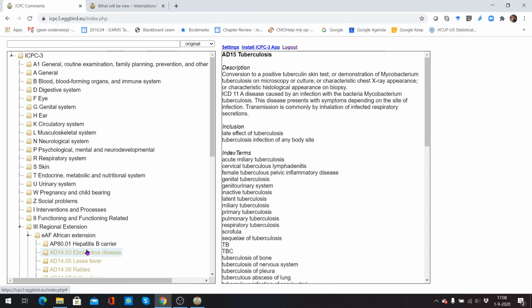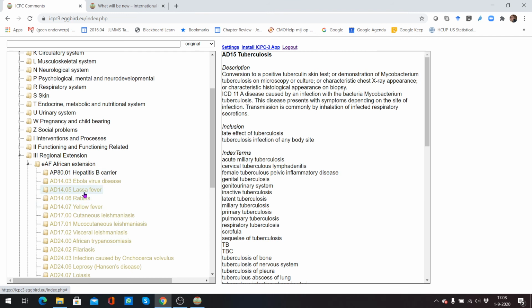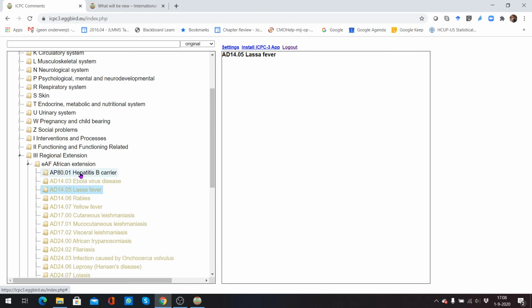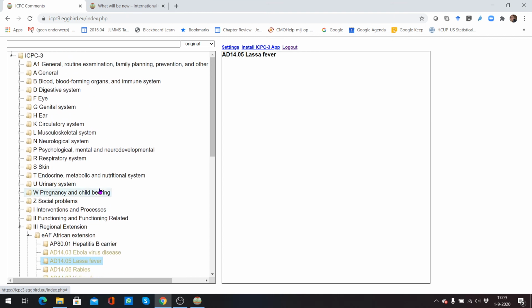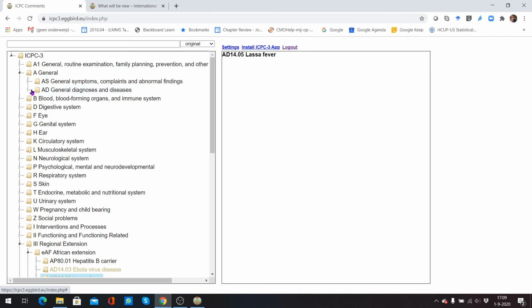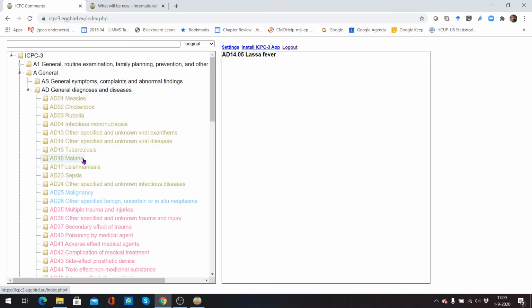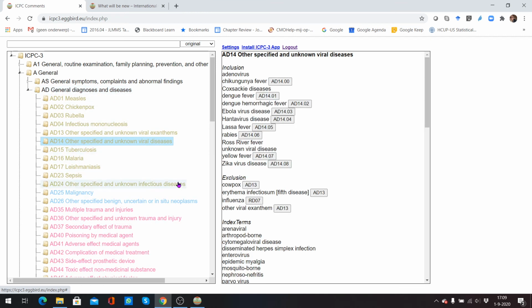For example, if we open the African extension, we see Lassa fever, AD 14.05. So it's also visible in the inclusions of the core, so in AD 14, and there you see the Lassa fever, with its own regional code, is also visible in the core part.